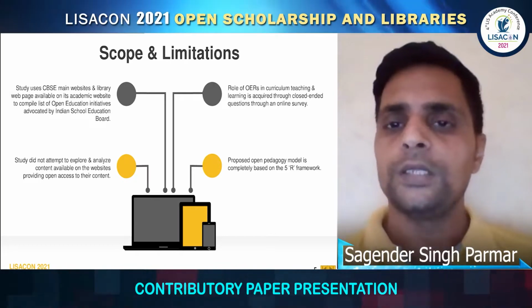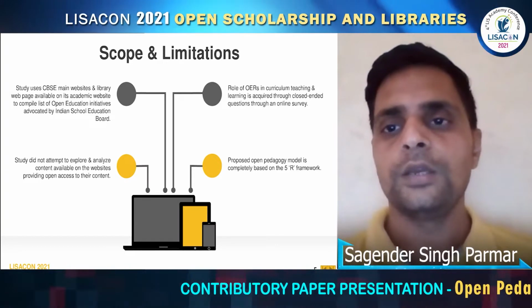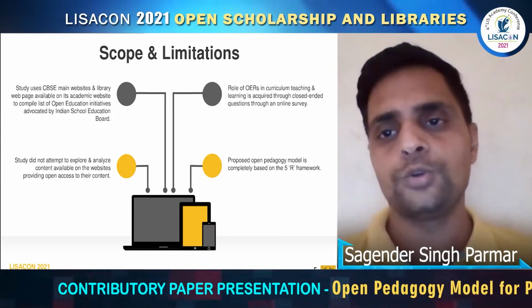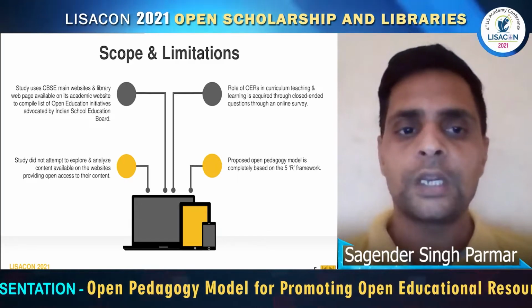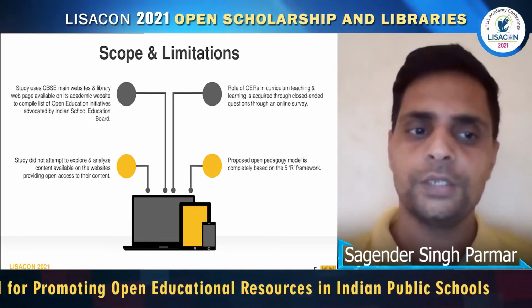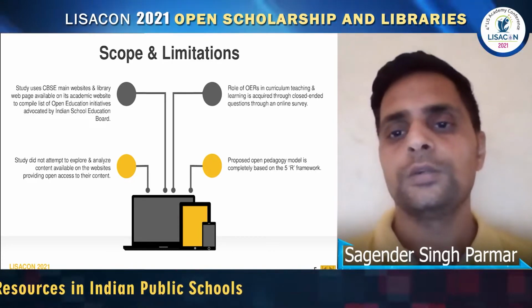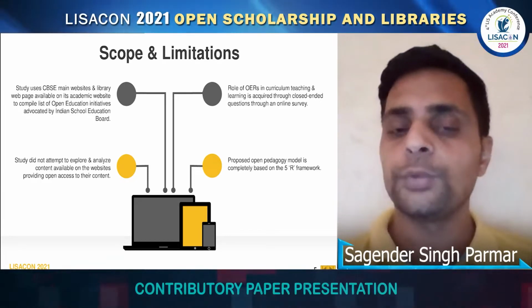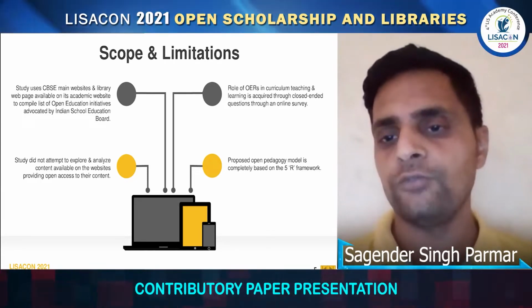And the second is the role of OERs in curriculum teaching and learning, which is acquired through close-ended questions in an online survey. And nowhere does this study attempt to explore or analyze content available on the websites providing open access to their content. And the fourth one, the proposed model which the study is proposing, is completely based on the 5R framework given by Wiley.